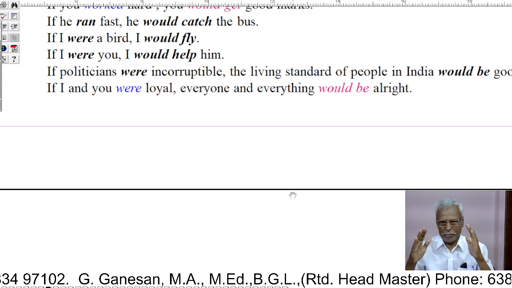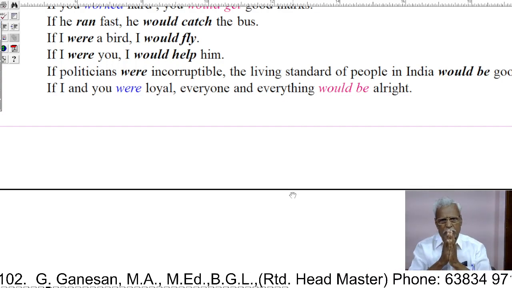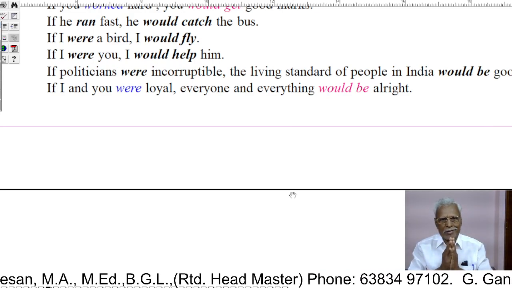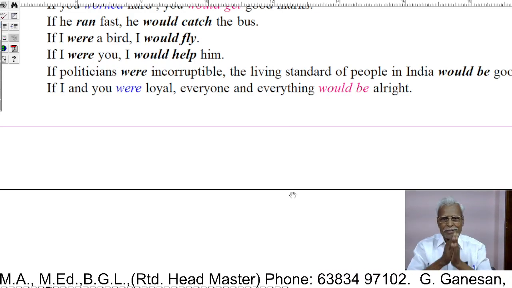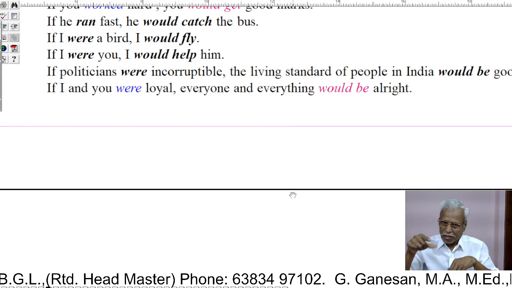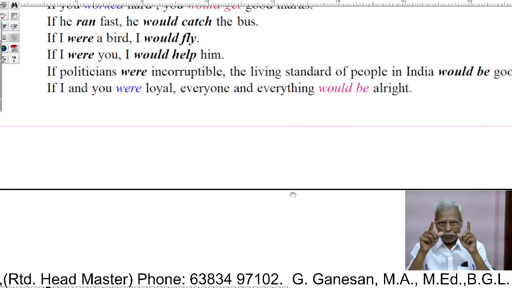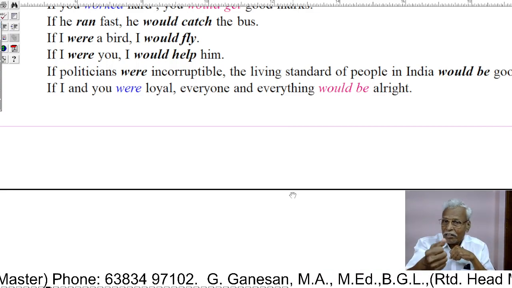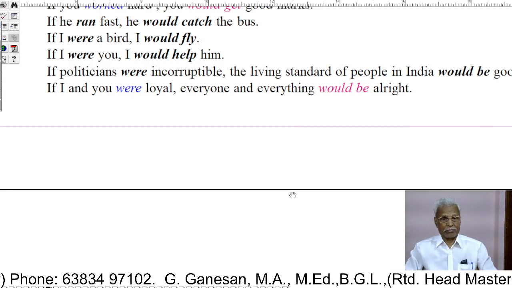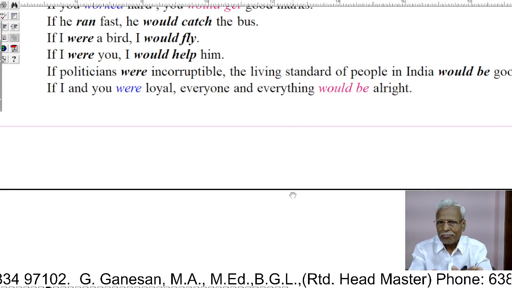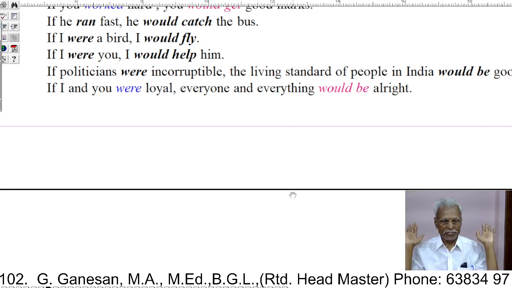If we all, on the whole, are honest, respect the society, the life of other people, if we respect the decency and dignity and life of other people, everything would be all right in the society.